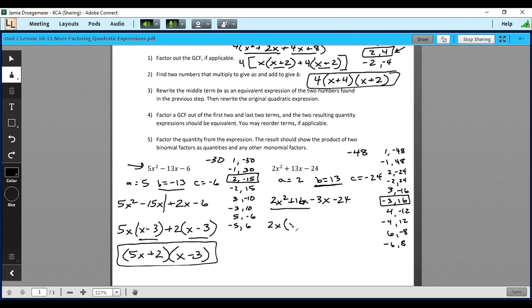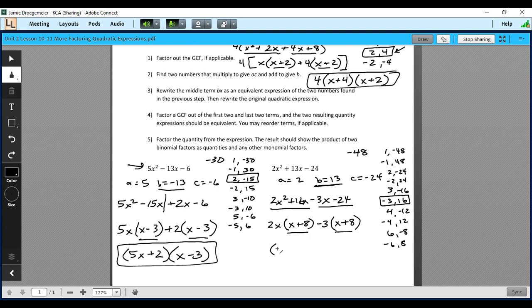And that would leave 2x times x plus 8, because 2x times x is 2x squared, and 2x times positive 8 is 16x. And then my negative 3x and minus 24 would have a greatest common factor of negative 3. So negative 3 times x is negative 3x, and negative 3 times positive 8 is negative 24. So again, we have the same x plus 8 inside my parentheses.